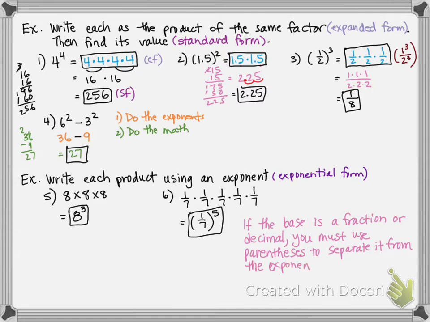Let me give you a quick example of how this could be a problem. If I didn't use parentheses and wrote it like this, it only looks like I'm raising the 1 to the 5th power, but not doing anything to the denominator. So that's why that's no good.